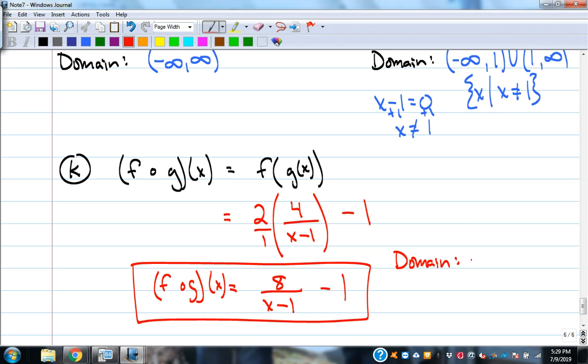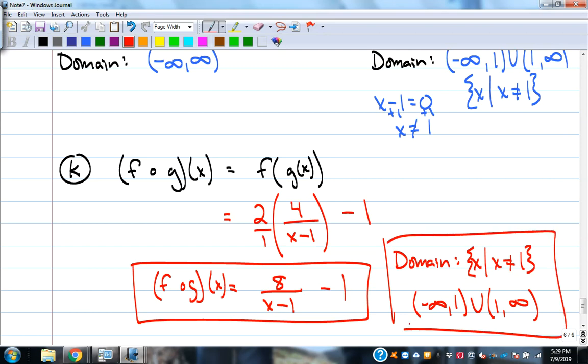X can't be negative or positive 1, or from negative infinity to 1 union 1 to infinity. Both of those. So the second function had a restriction. The first one didn't have any restrictions, but the second one did. So the second one's restrictions came with us.